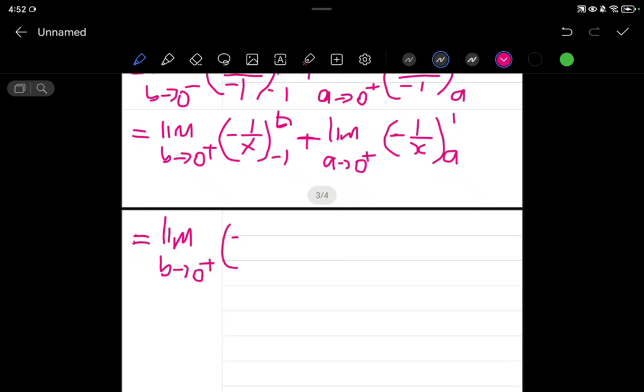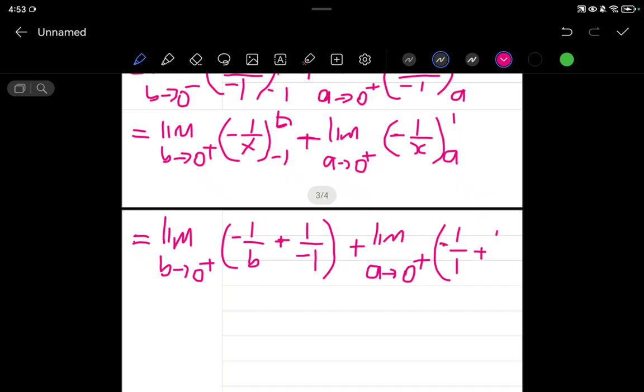We have -1 over b, and this is going to be plus 1 over -1, plus the limit as a approaches 0 from the right of -1 over 1 plus 1 over a.